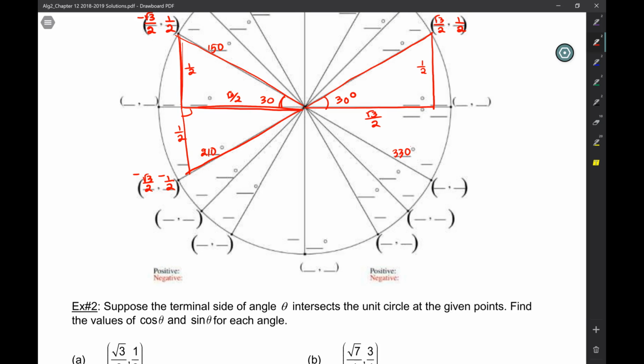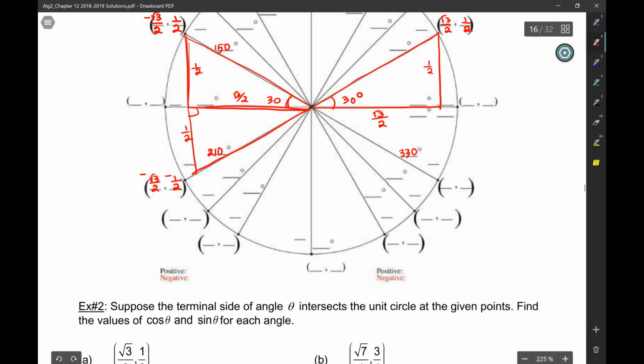Okay, Andrew Gussman, how about the 330? Negative 1/2, and positive root 3 over 2, like that? You're shaking your head. Why? Radical root 3 over 2 goes first, and negative 1/2 goes second.